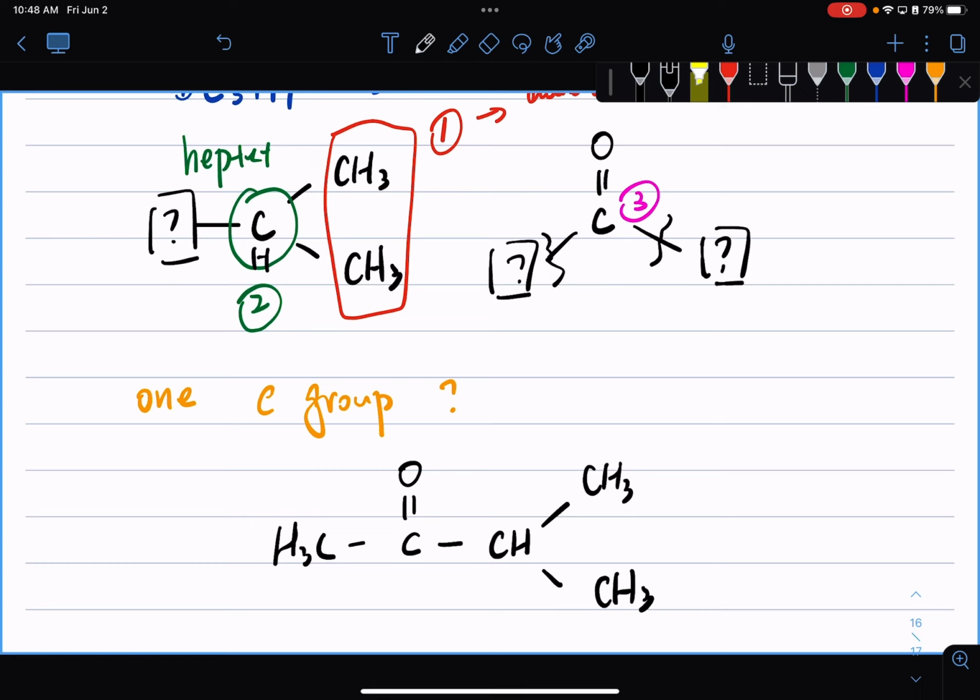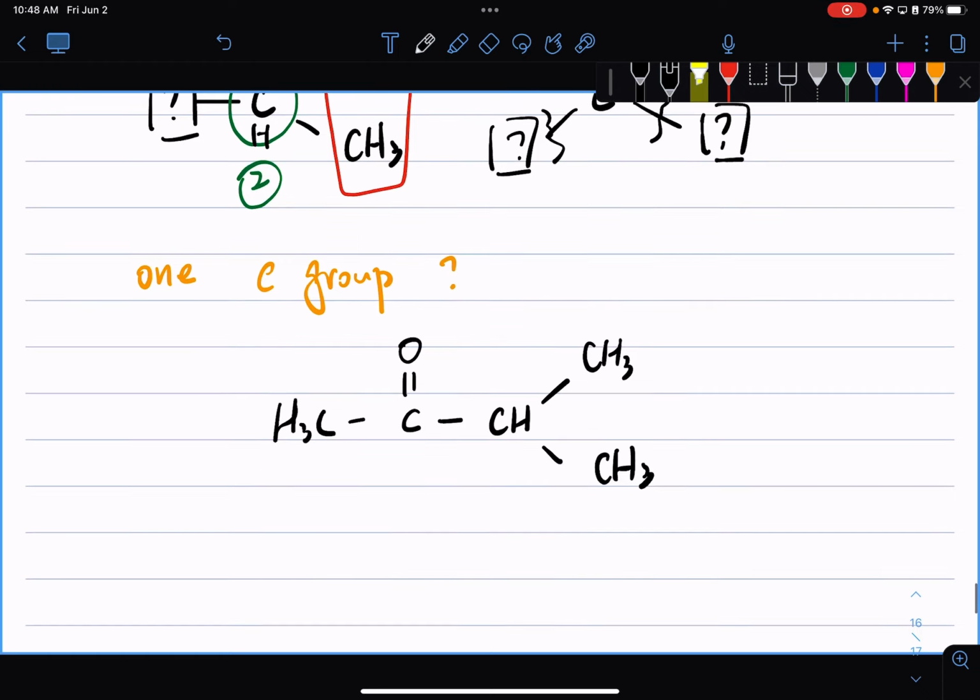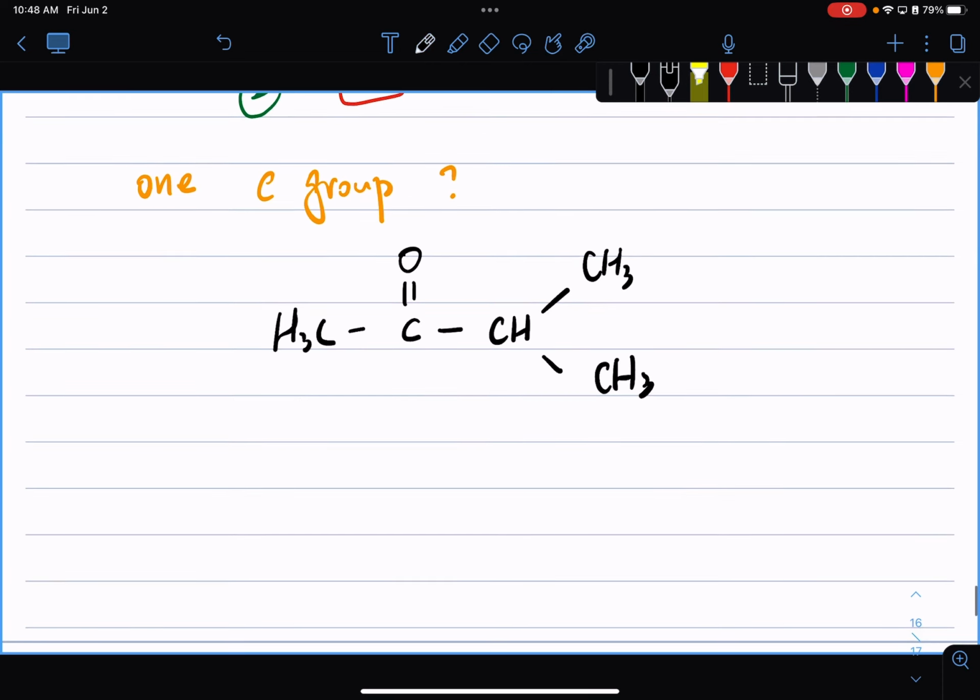Now, is this our final answer? Let's calculate the molecular mass and double check, because we didn't use our molecular mass information, our m/z information. So what's in there? We have a total of 5 carbons, 10 hydrogens, and an oxygen.